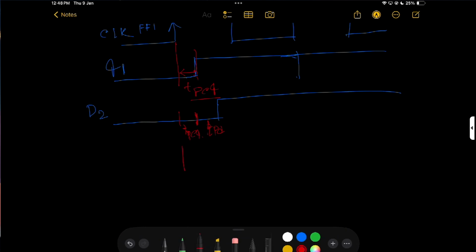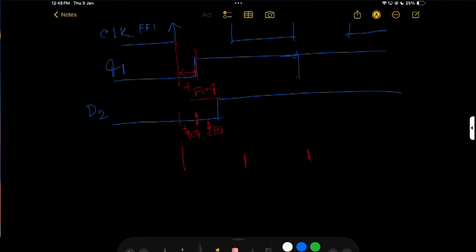Here is my clock. It wants to come, but there are some restrictions.